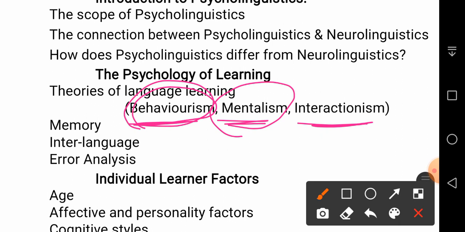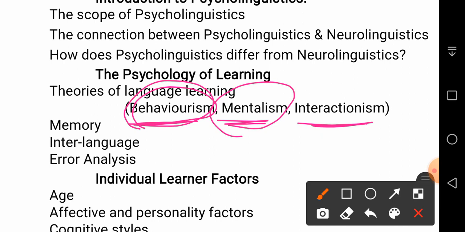Even if a lot of rigorous training is given to them, even if they are taught language, they will never be able to produce language the way human beings produce it. They talk about an innate mechanism. They say that we have been programmed by Allah Almighty and given a language faculty known as the language acquisition device.